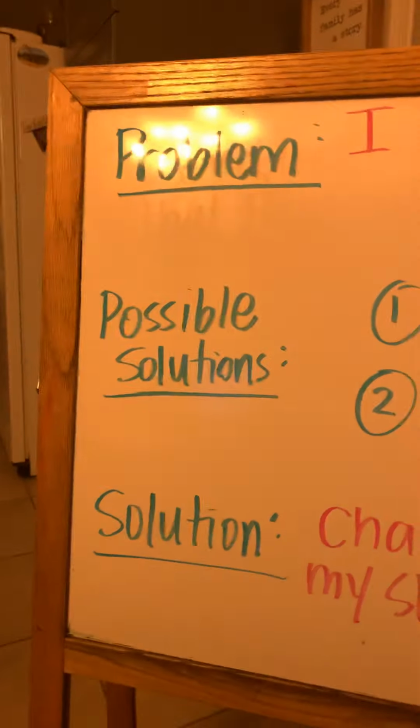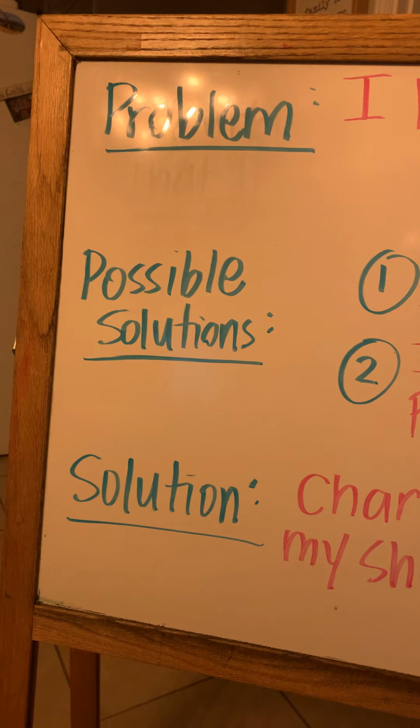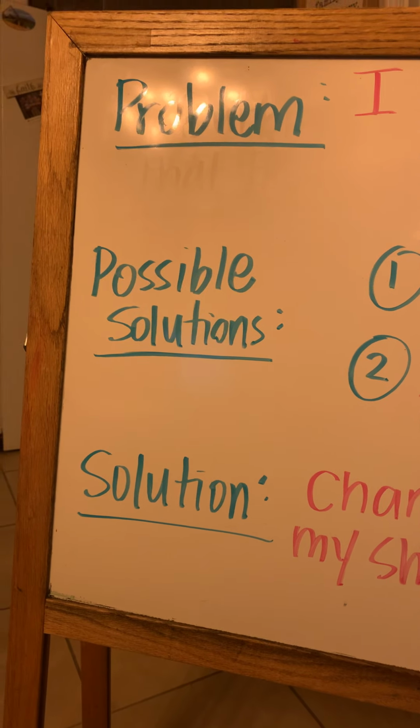Okay, and it might be better if you just write it like I did. So problem, what's the problem in creature constitution? What are 2 possible solutions to fix the problem? And then what was the solution? What really fixed the problem?